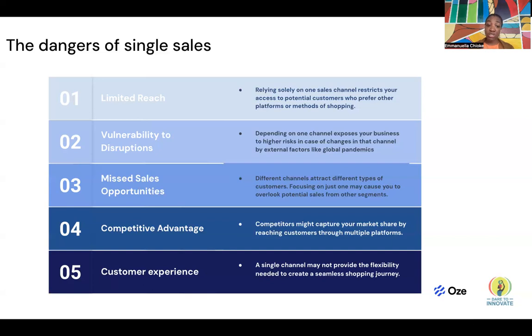The third danger of a single sales channel is the missed sales opportunities. Different channels attract different types of customers. And so focusing on just one may cause you to overlook potential sales from other segments. So let's think of segments in this case as an age preference. Right?